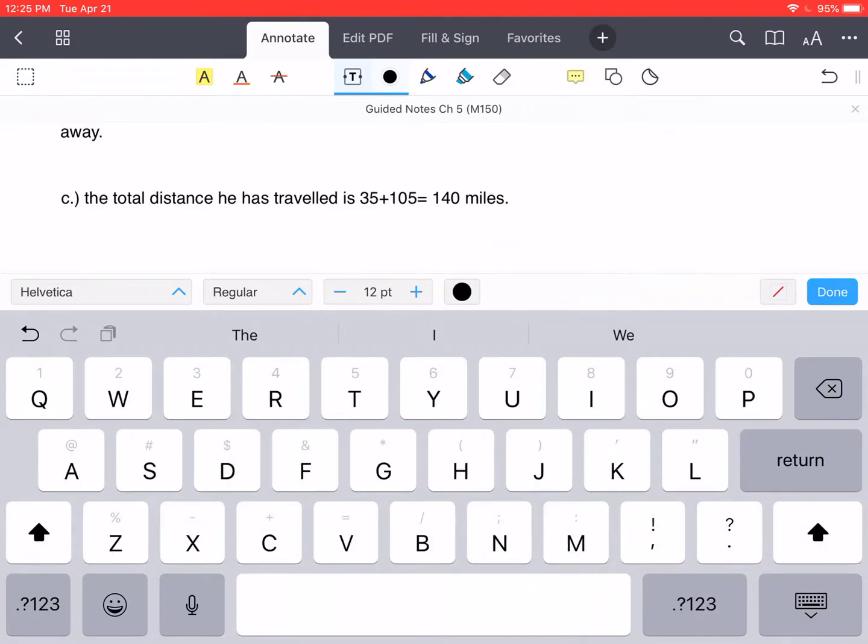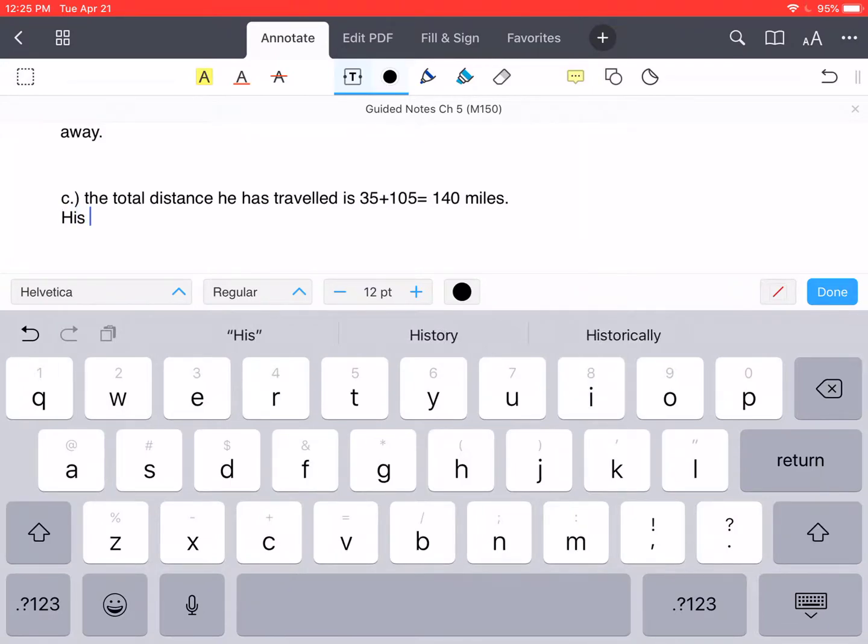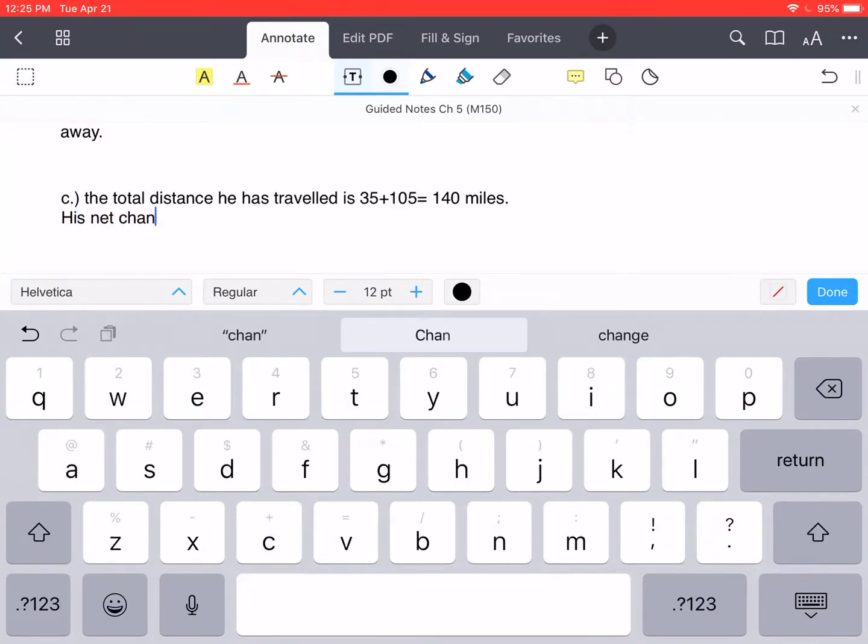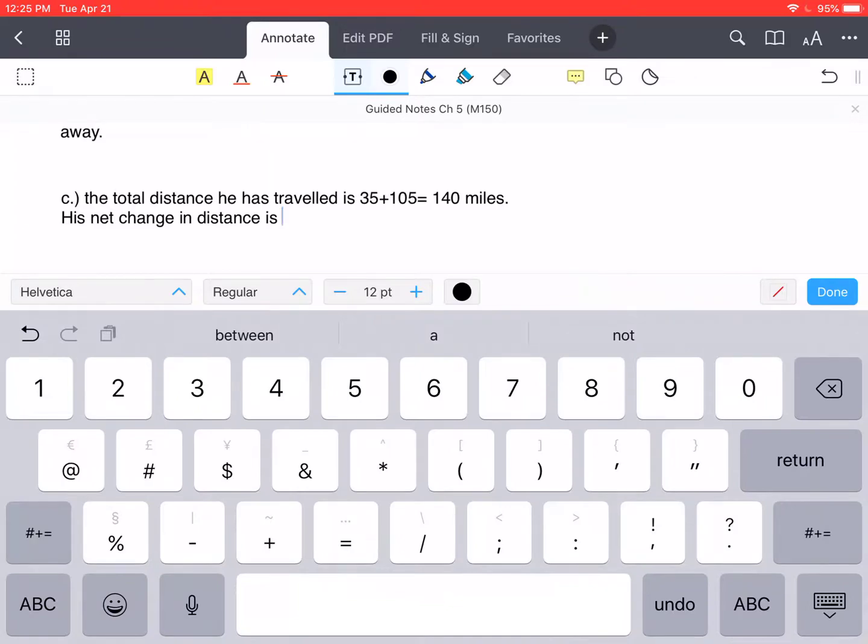But then when we're asking about the net change in distance, this net change is asking us how far away is he from where he started. Okay, so from where he started, he drove 35 miles towards home, so 35 miles forward, but then he turned around and drove 105 miles backwards.